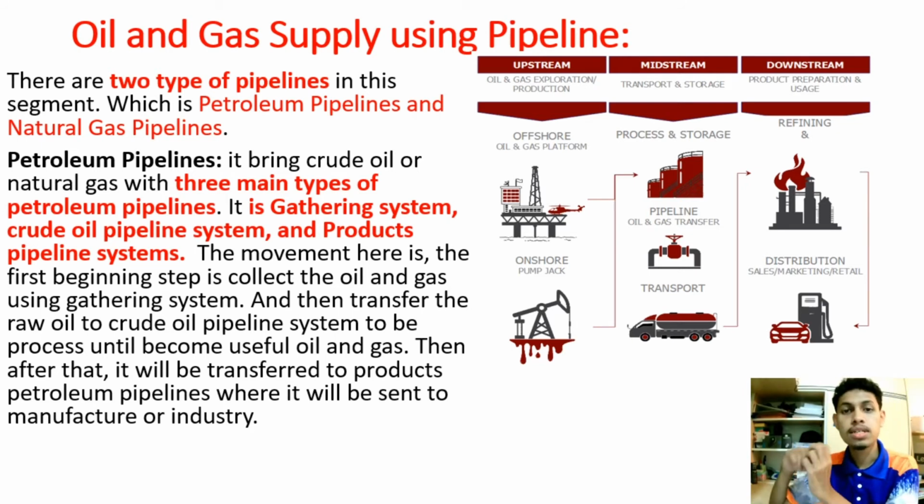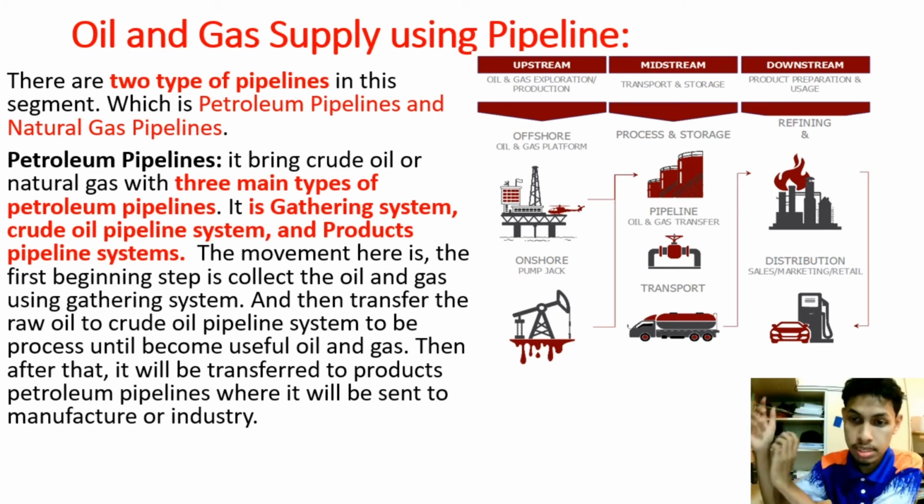So inside the crude oil pipeline system, they will process the oil to become useful oil that we can use as petrol for cars, for our daily use of petrol or whatever it is. And they will also process the raw oil from the gathering system inside the crude oil pipeline system, so that this oil is useful and they can sell it to another industry, to another country or whatever it is.